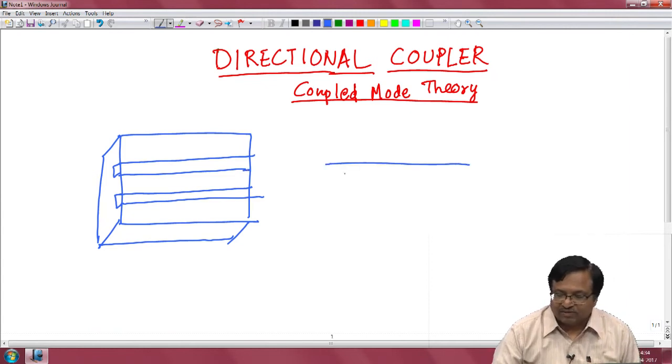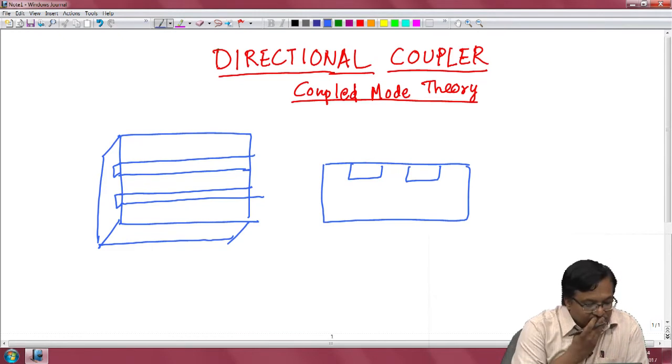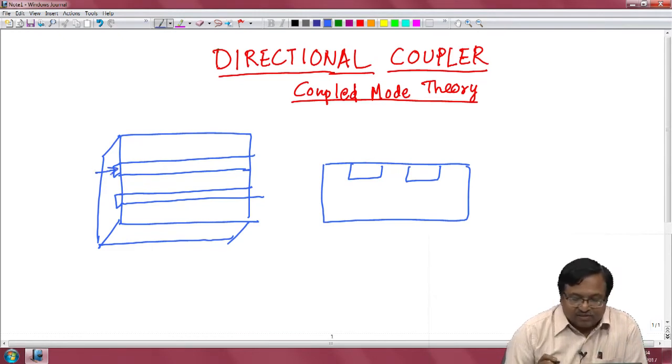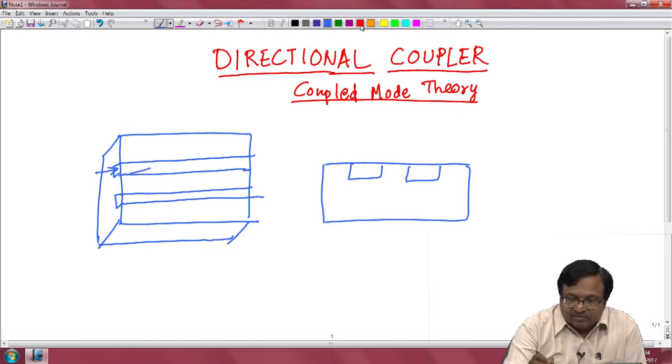The cross section can be expressed like this. So, when light is launched into the first waveguide, it is possible to couple or transfer light from the first waveguide into the second waveguide.